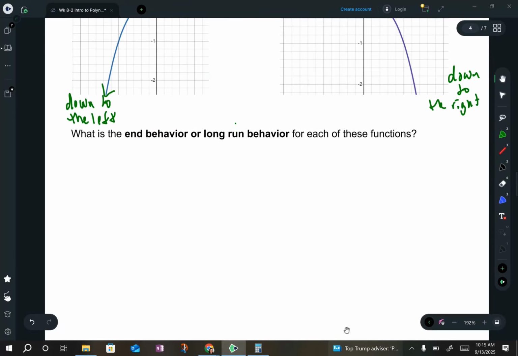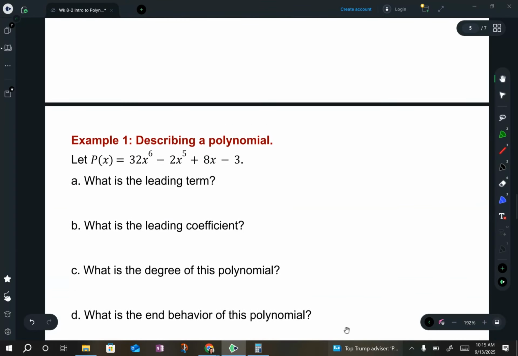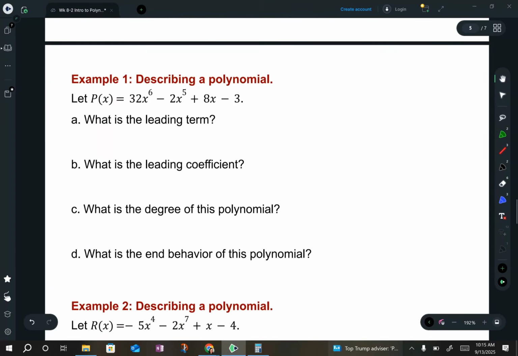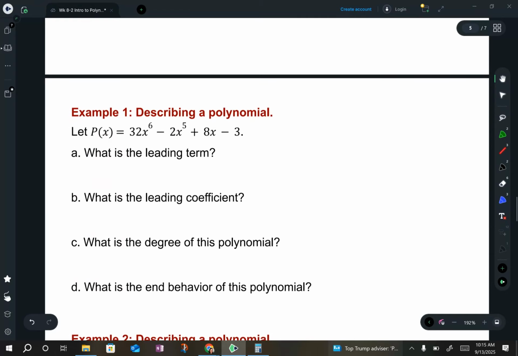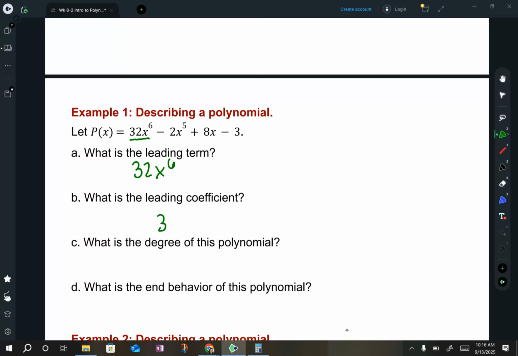So let's go ahead and look at an example of this. Here is our first polynomial that we're going to look at. It's 32x to the 6th minus 2x to the 5th plus 8x minus 3. The leading term is going to be 32x to the 6th because it has the highest degree. The leading coefficient is 32, and the degree is 6.